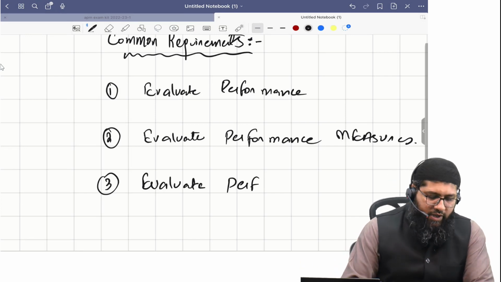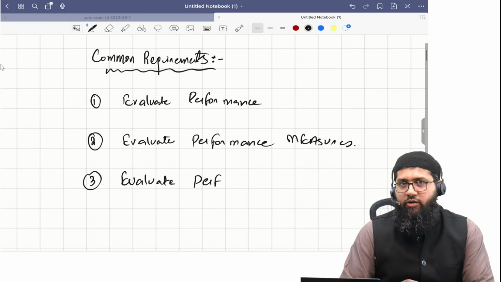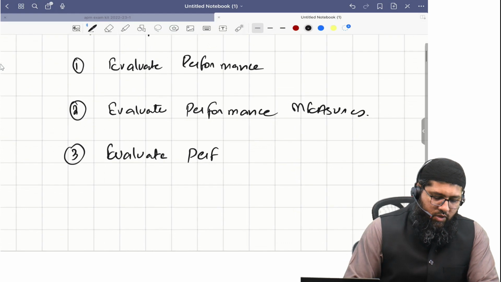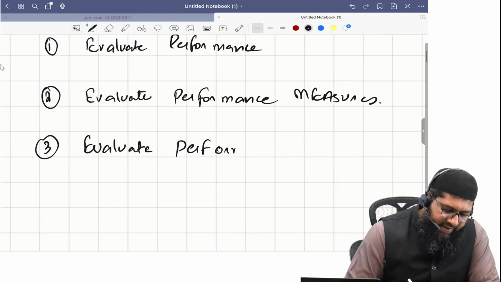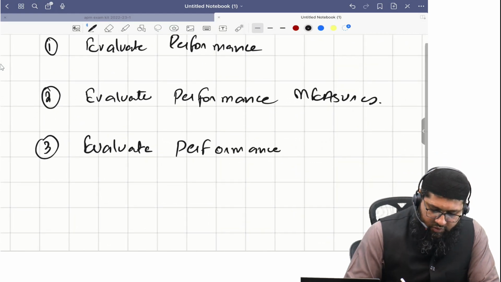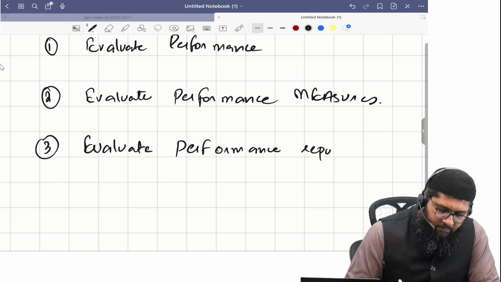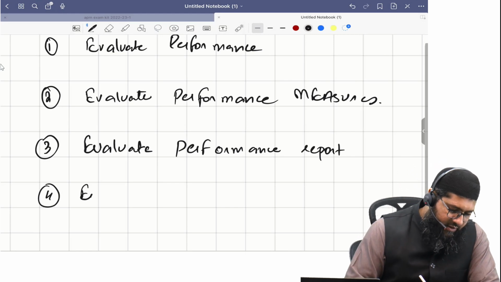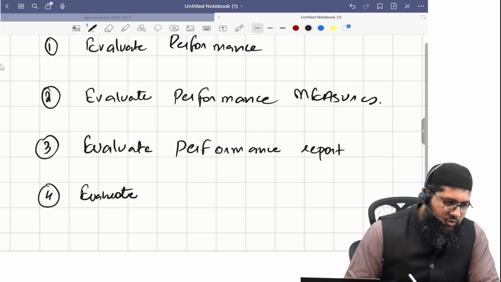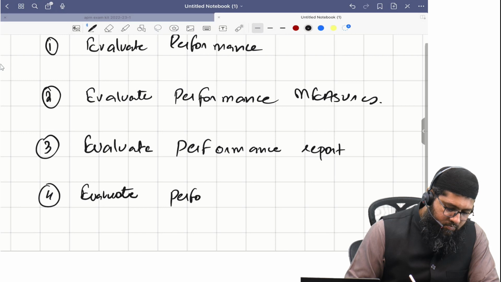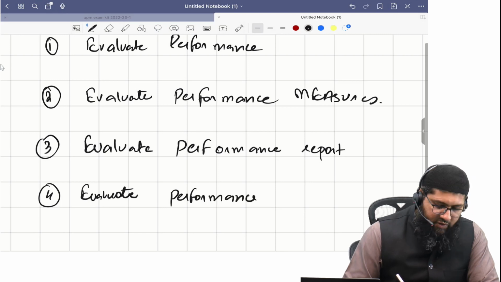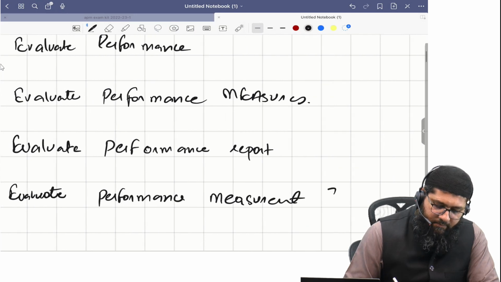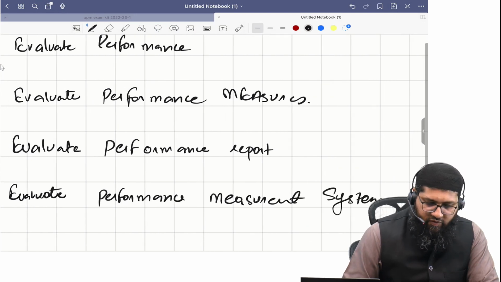Okay, sorry guys. So basically, you have to evaluate the performance or you have to evaluate the performance measures. The third thing is that you have to evaluate the performance report. Or the fourth requirement we come across is evaluate the performance measurement system.